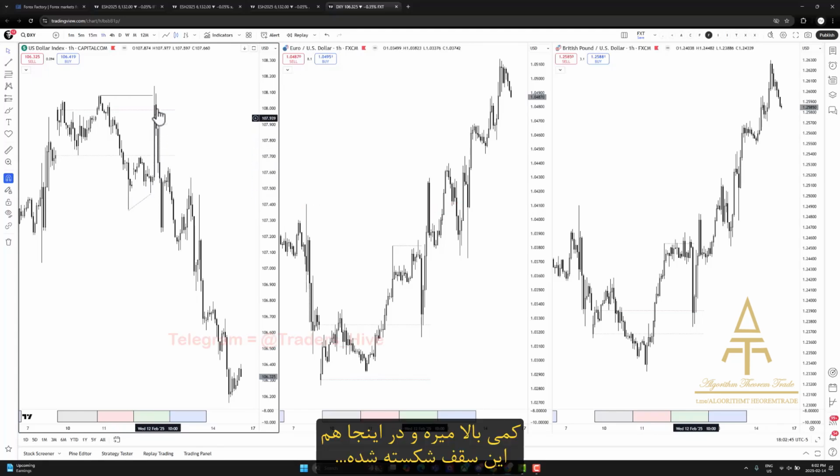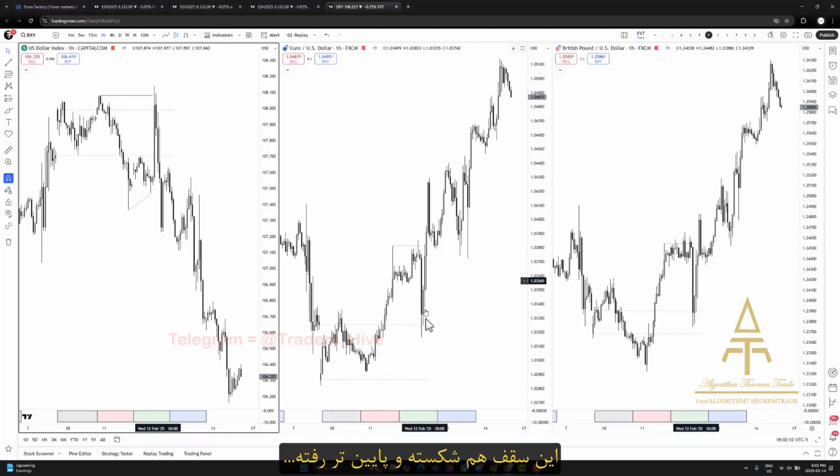Price traded higher. Same thing here. Price broke above this high, traded lower. Price broke above this high and traded lower.